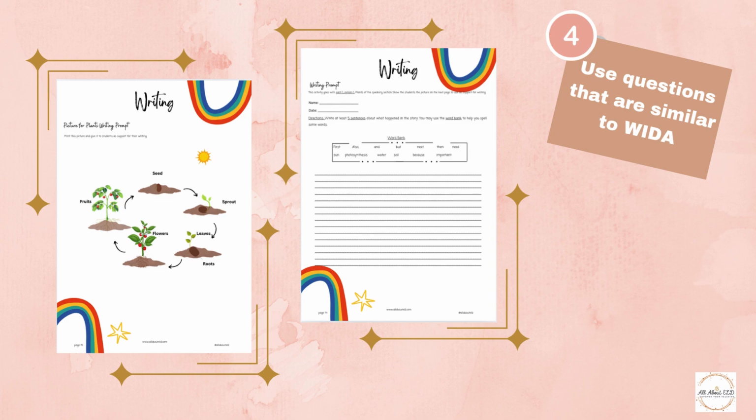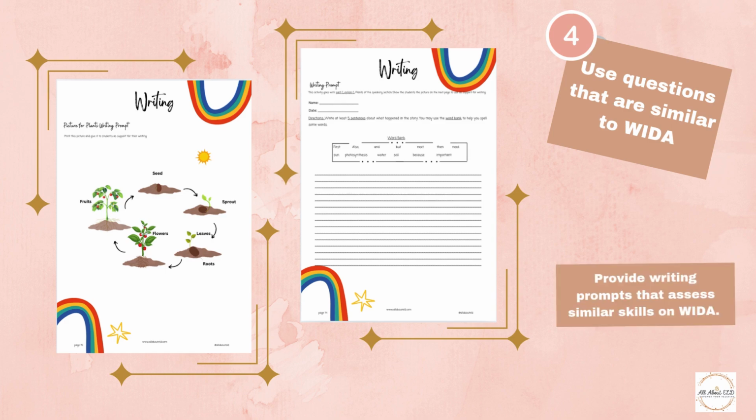The next tip is to use questions that are similar to the WIDA Access assessment questions or to the English proficiency test that your state uses. This will let you measure their progress more closely aligned to the WIDA standards or to the standards that you follow, and it will give your students extra practice with test-like questions.